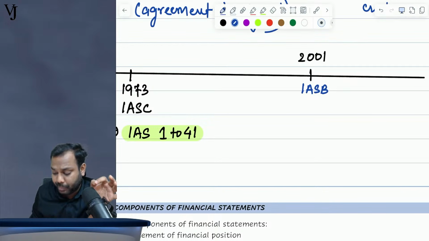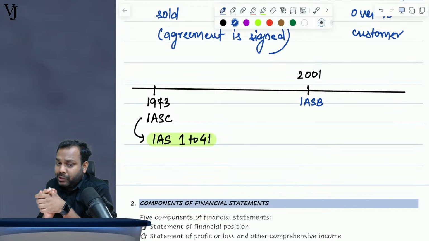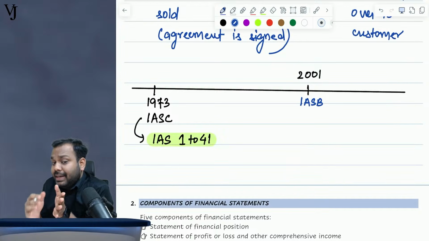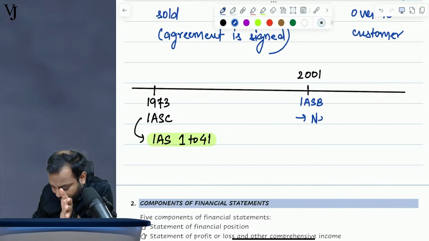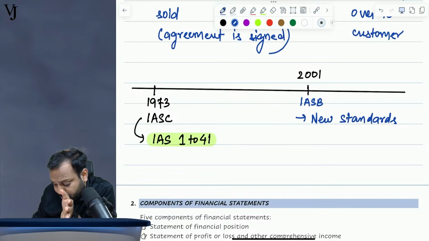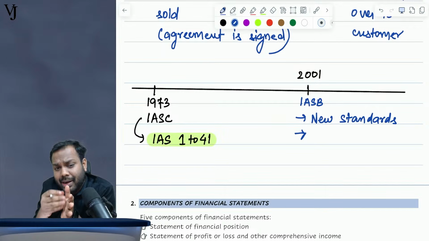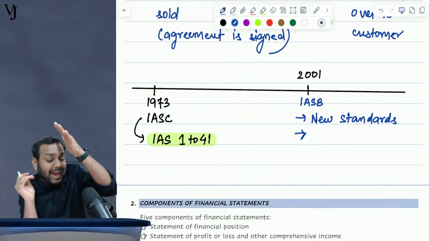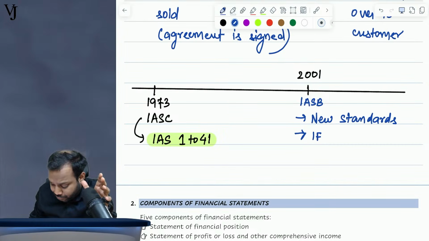The role of the IASB was, as and when the need arises for a new accounting standard, to set up new standards. Or if a standard in IAS was not catering to the current economic scenario, they cancelled the IAS and replaced it with IFRS.